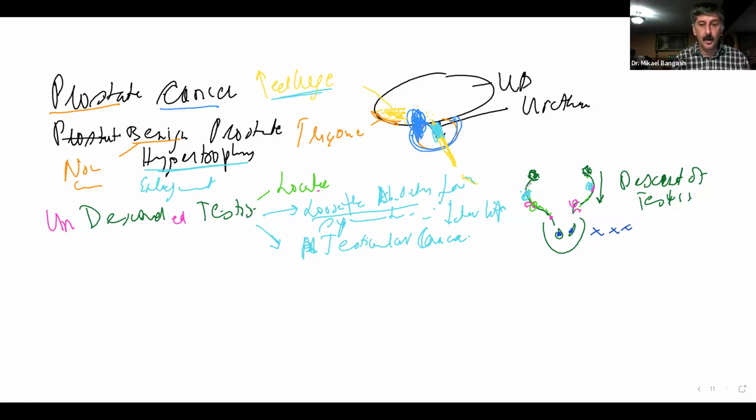So there is a good reason to try to bring the testes down into the scrotum ASAP. ASAP means don't wait till the child reaches puberty, but primarily within the first year to 2 years of life.